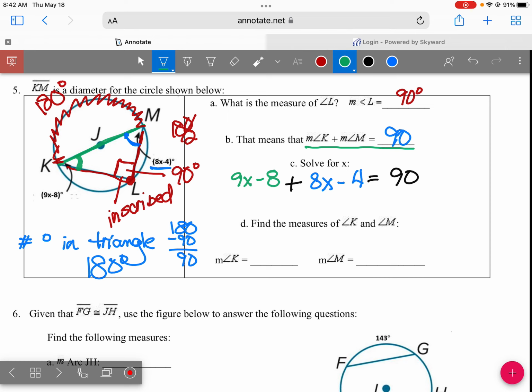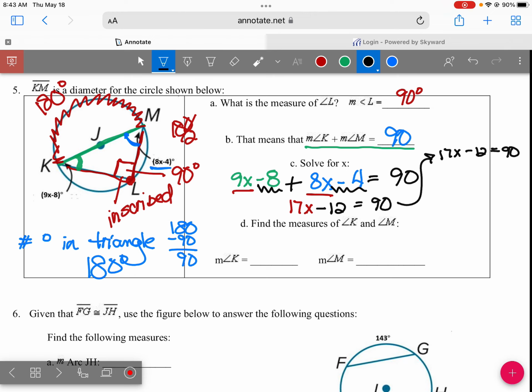All right, so what do I do now? Combine like terms. I've got x's here, 9x plus 8x is how much? 17x. I have negative 8 and negative 4, which is negative 12. That equals 90. So 17x minus 12 equals 90.